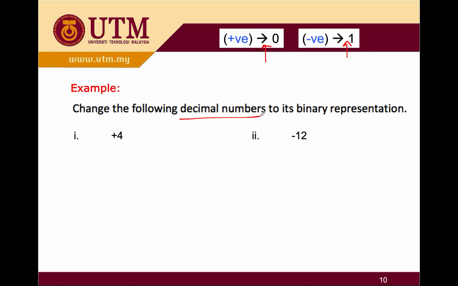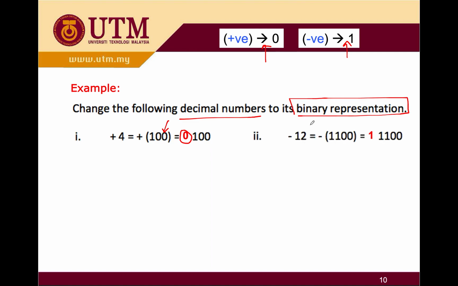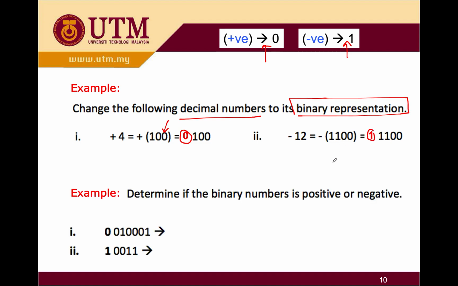Following this decimal number, you need to represent its binary representation. So for 4, you will get this: you put 0 1 0 0. This one is represented as positive. And how about 12? 12 is 1 1 0 0, so you add another 1 in front as negative.